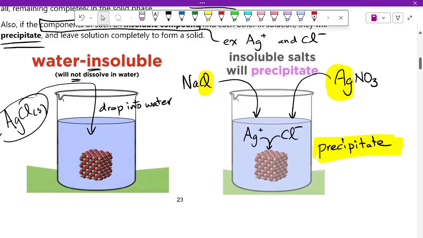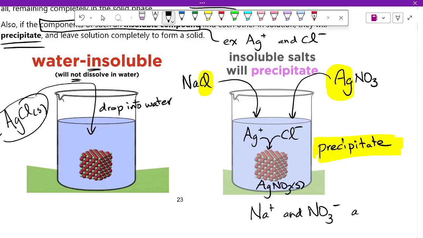And the sodium and the nitrate would be? Yeah, Na+ and NO3-, are spectator ions. Okay.